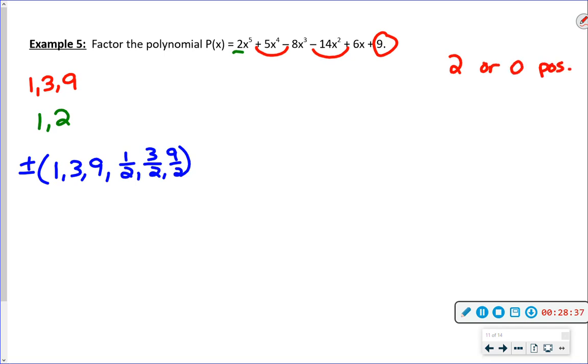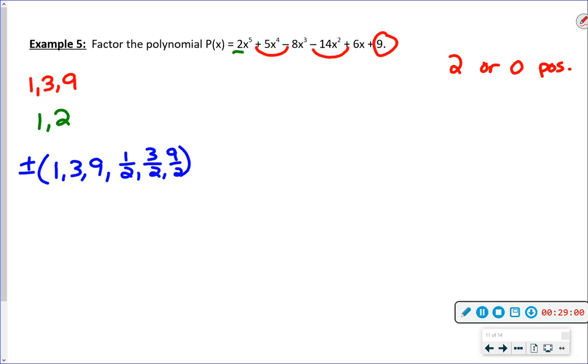So we could replace the x's with a negative x, simplify and recount, or it's kind of a gamble. If there's 2 or 0 positives, what do you think the likelihood is there's a negative answer? Pretty good, right? We've got a lot of work to get these 5 answers, so I'm not going to waste any time throwing in a negative x and recounting.